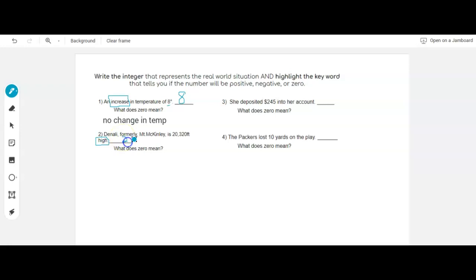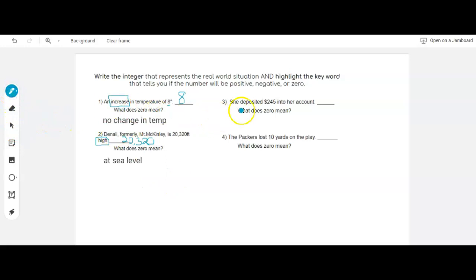The number's 20,320, okay? Because a high meant positive, and positive, we don't put the plus sign. We just assume it's positive, right? What does 0 mean? In this case, it is at sea level. When we're talking about elevations, at sea level is 0.